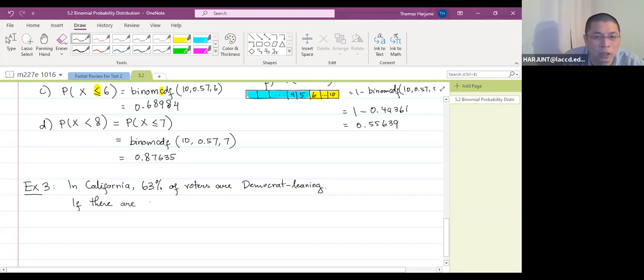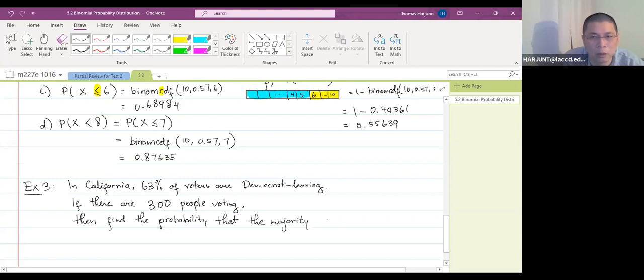If there are, let's say, 300 California people voting, then find the probability that the majority will vote for the Democrat candidate.